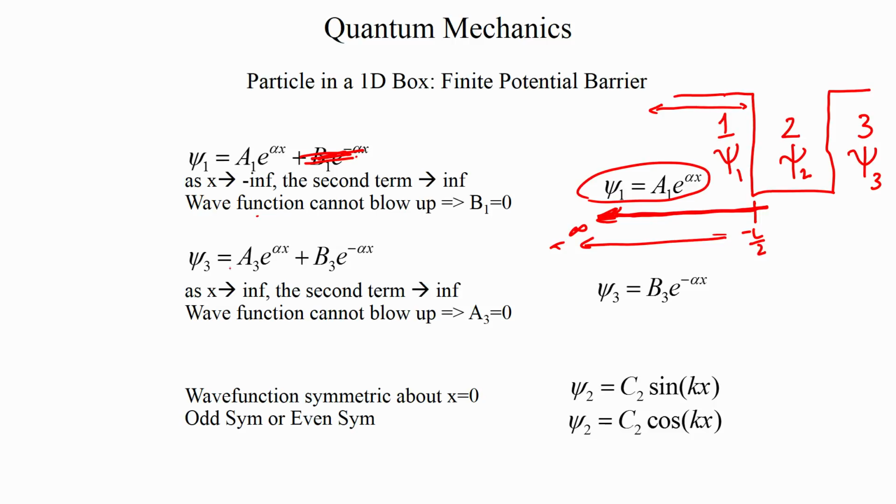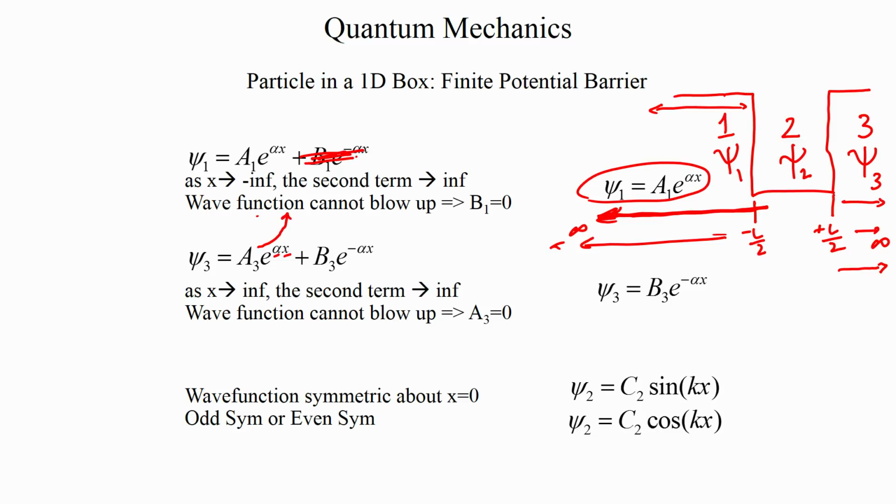Now, what about region 3? You can make the same argument here, but region 3 exists from plus L by 2 all the way to infinity. So now if you start moving towards plus infinity, you can't head towards minus infinity because that is not region 3. So psi 3 is not valid if you are heading towards minus infinity. As you head towards plus infinity, what happens to these terms? Alpha is positive and you are heading towards plus infinity, therefore this term starts blowing up.